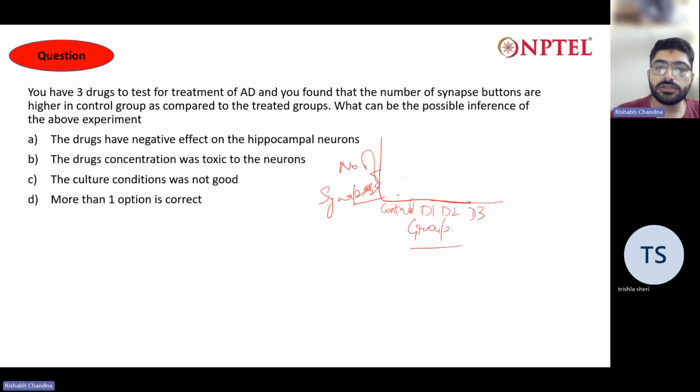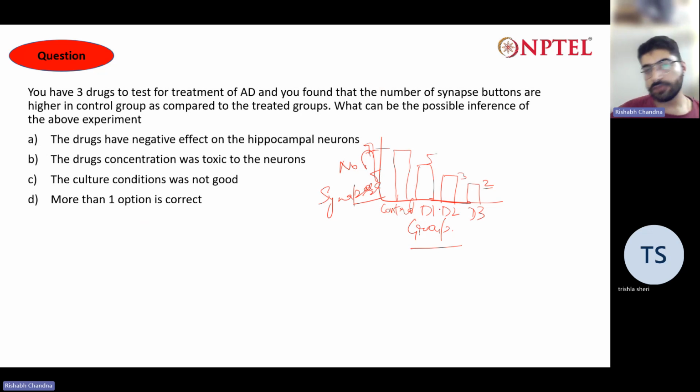And here we chose some arbitrary numbers for the question's sake. Suppose the number of synaptic buttons is 7 in the control group. In case of D1, it's 5. In case of D2, it's 3. And in case of D3, it's 2. These are arbitrary numbers, I'm just using them for explanation of the question.